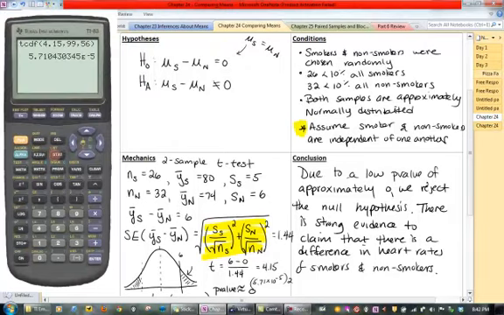So you're going to go to Stat, Tests, and you want a 2-sample t-test. And instead of data this time, we have stats. So we're going to put in for our x bar 1, 80.